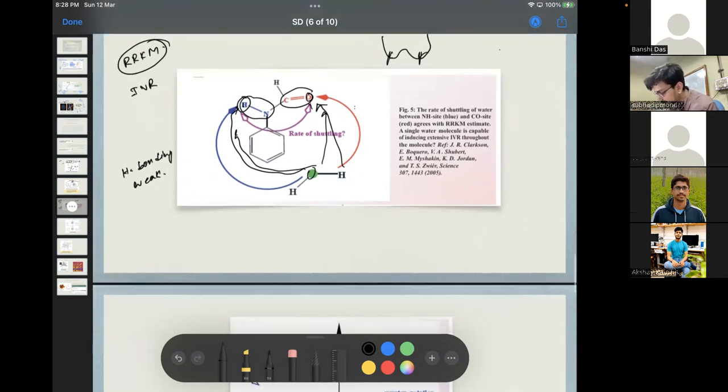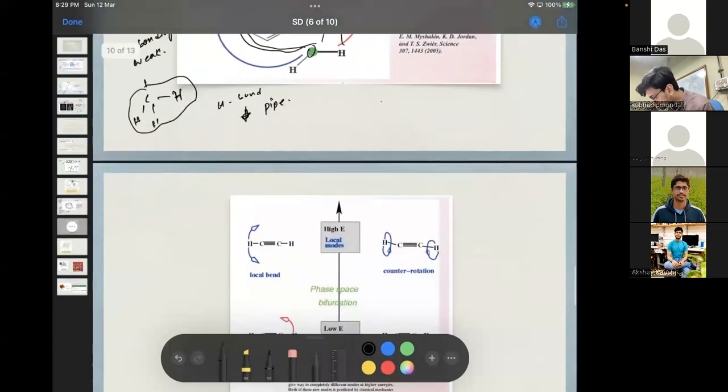There are other cases also, like a CH3 rotor. If your system has a CH3 rotor, like a methyl group, this rotor can funnel vibrational energy very efficiently. So this rotor or hydrogen bond is called a funnel. Sorry, it is called a pipe. So this weak hydrogen bond can also be an efficient redistributor of energy. This is very important when you study any spectroscopy.